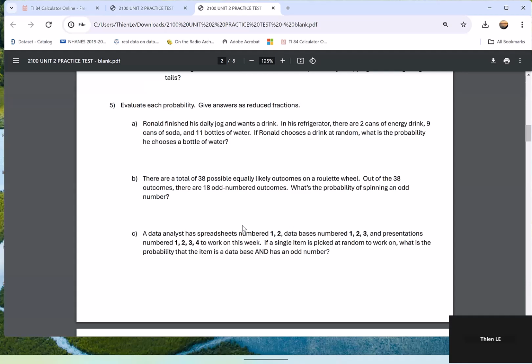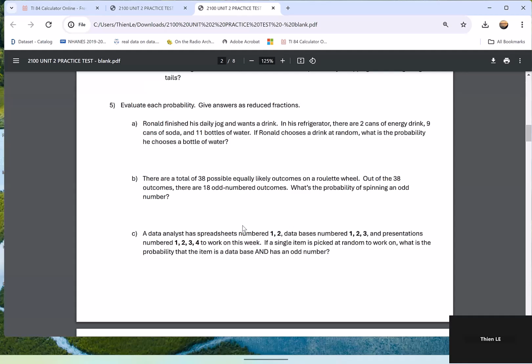A data analyst has spreadsheet items numbered 1 and 2, database items numbered 1 to 3, and presentation items numbered 1, 2, 3, 4 to work on this week. If a single item is picked at random to work on, what is the probability the item is a database and has an odd number?